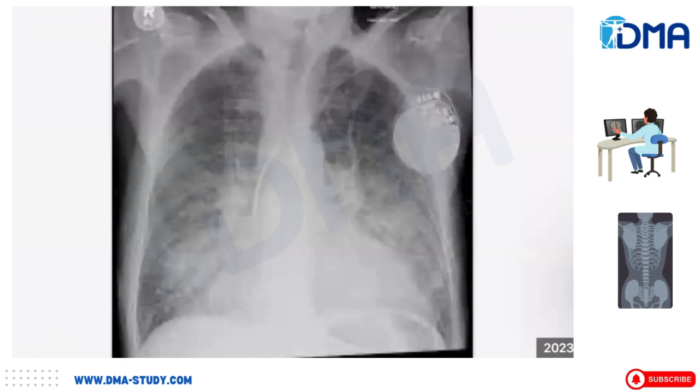Clinical situation: a 40-year-old female, not female, male. There's no breast in the X-ray, so 40-year-old male coming with a severe fever, breathing difficulty. What is the diagnosis?